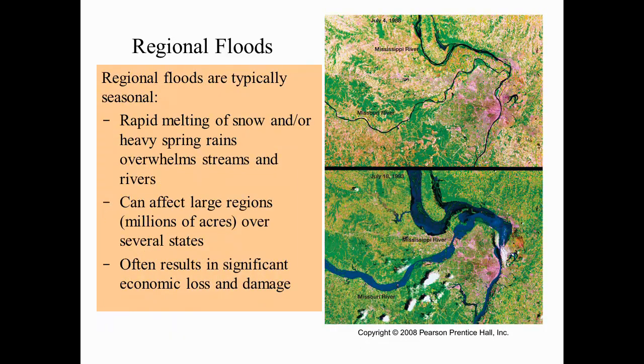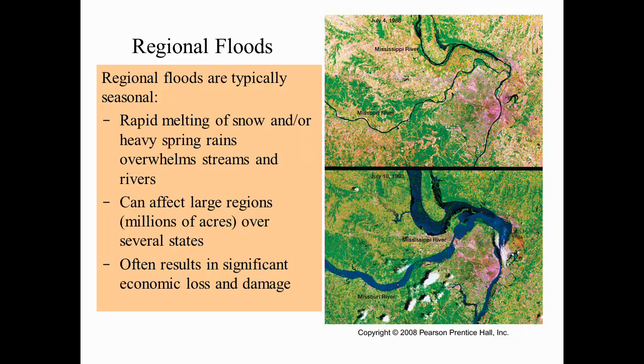There are several types of floods. Probably the most common is what's known as a regional flood. Regional floods are typically seasonal, resulting from rapid melting of snow and or heavy spring rains, which temporarily overwhelm streams and rivers.